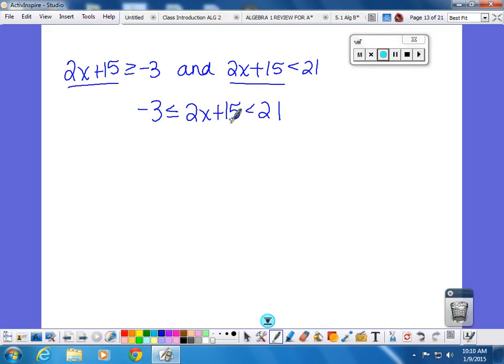What do you think we would get rid of first? The 15. Okay. So I've got 3 sides. I'm going to subtract 15 here, and here, and here. You guys are doing it in your head. Now you've got 3 sides, okay? Be careful. All right, so -3 and -15 is -18.